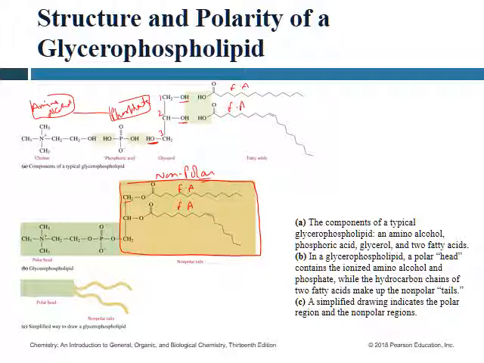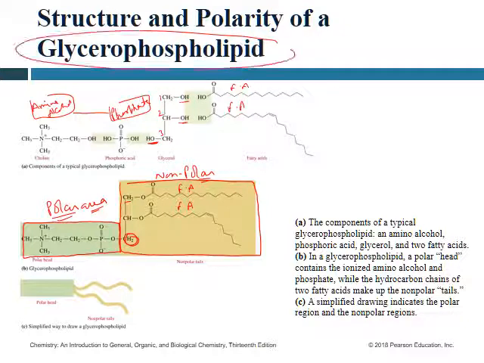But on the third carbon of the glycerol, you have the phosphate group and the alcoholic group, the amine alcohol. So this is a polar area. So within the glycerophospholipid molecule, you have 2 areas: one is polar and the second is non-polar, within the same molecule, right?